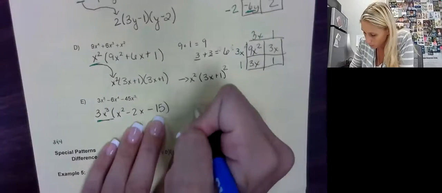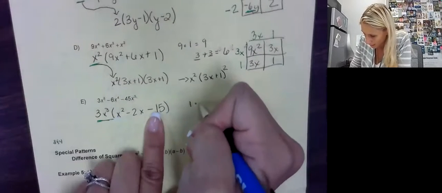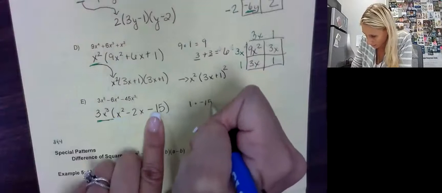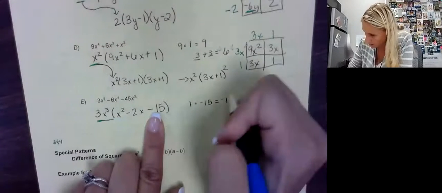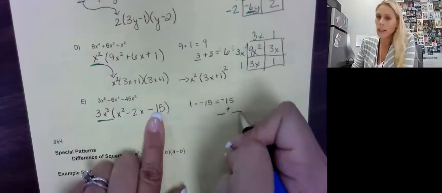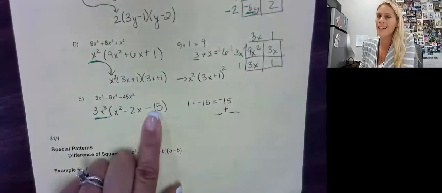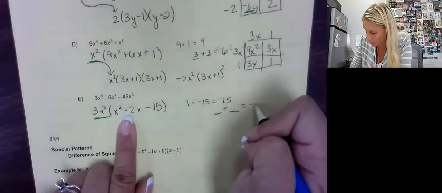So here we have 1 is our A times negative 15 is our C. So we get negative 15. Then we say what two numbers multiply to give us negative 15, but add to give us that B value, which is negative 2.